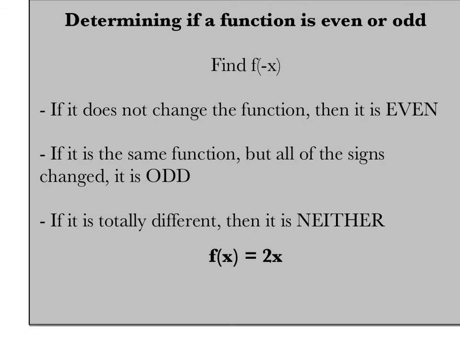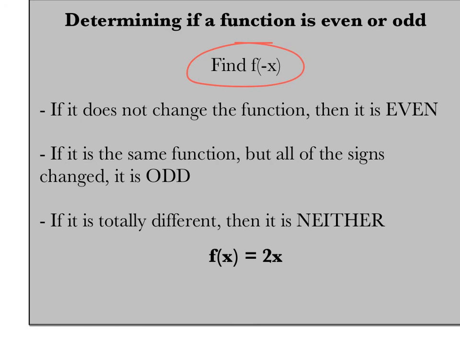So a general guideline then, we can find even and odd functions without looking at a graph. We don't need to visually see it in order to decide if it's even or odd. All we simply need to do is find the f of negative x.